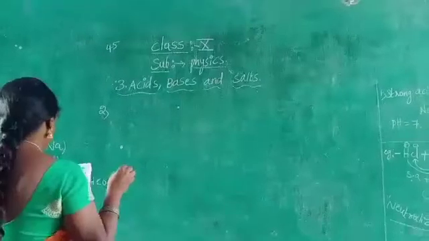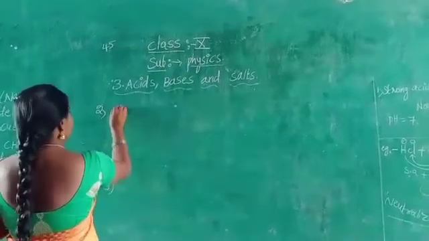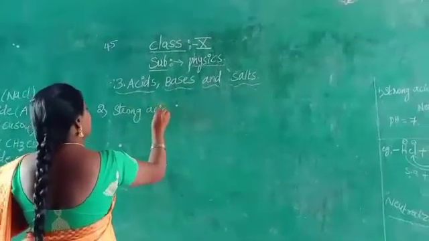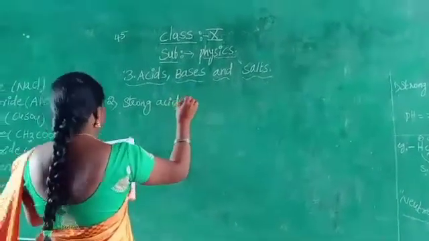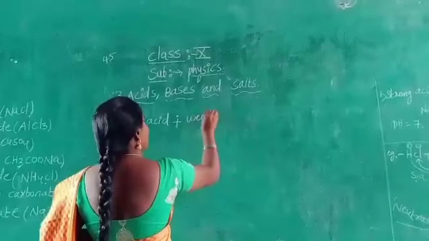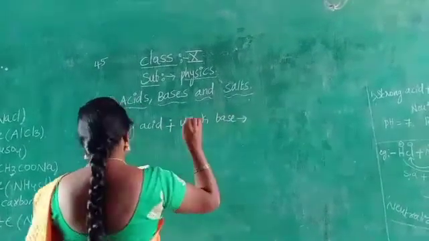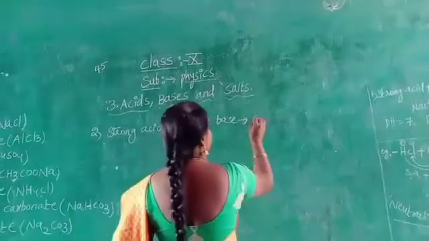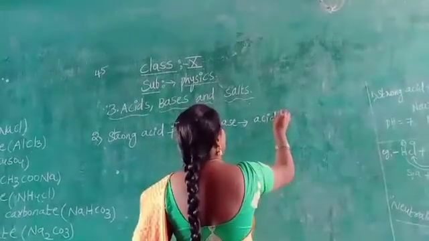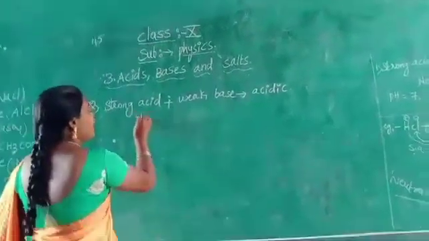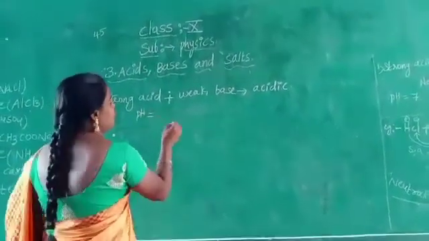Children, the next one, please listen carefully. When a strong acid reacts with a weak base, it forms an acidic solution. What is the pH value for an acidic solution?